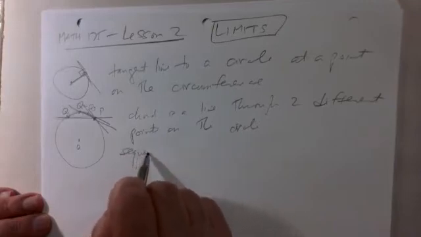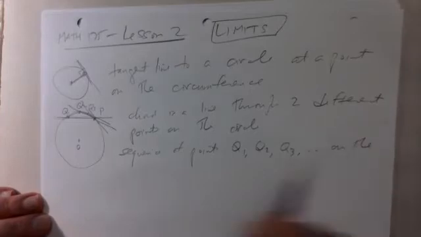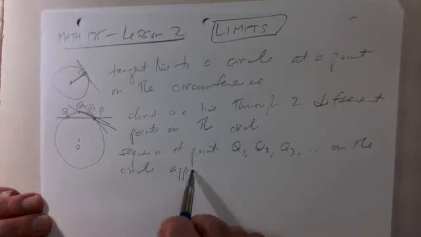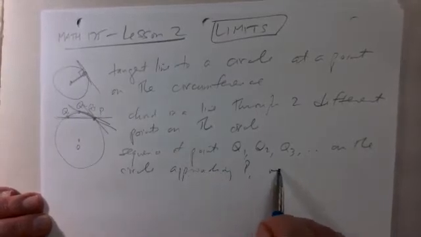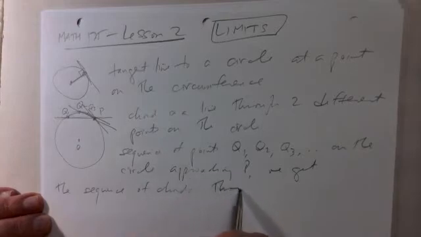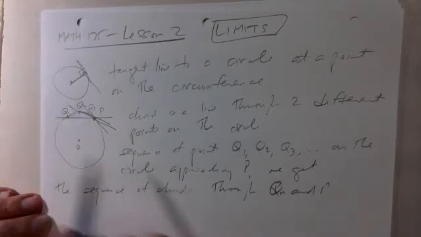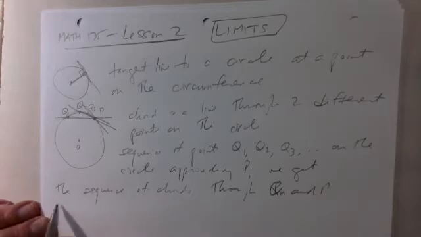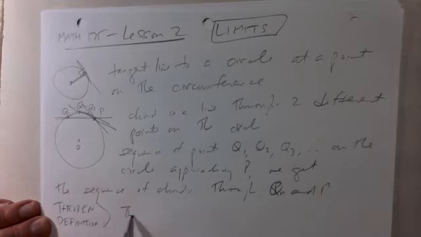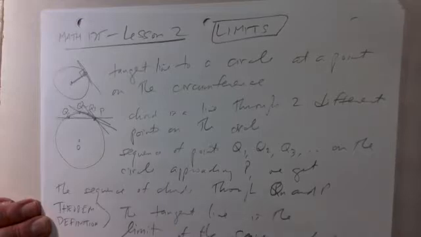And if you take a sequence of points Q1, Q2, Q3, and so forth, on the circle, getting closer to P or approaching P, we get the sequence of chords through each pair of points Q sub n and P. So for every one of these points, you have a chord, and the important theorem, or if you like, definition of a tangent is: the tangent line is the limit of the sequence of chords.